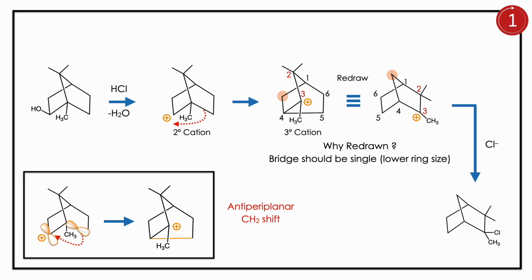If you redraw nicely with the bridge, because the bridge has the lower ring size, a bridge with a single carbon, you are creating the same cation at the third position by redrawing. Then chlorine attacks, and you have the final product. One important fact you should learn here is the anti-periplanar CH2 shift. Why? Because the position is perfect for water elimination. Second, it will create a non-classical, very stable cation.